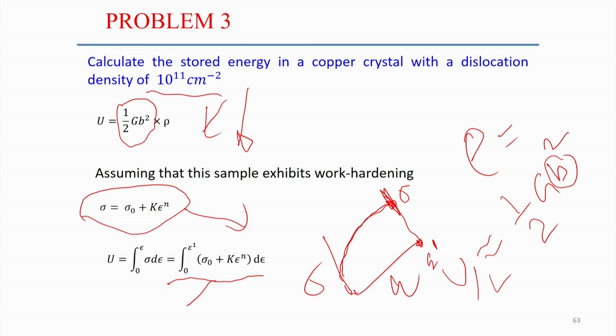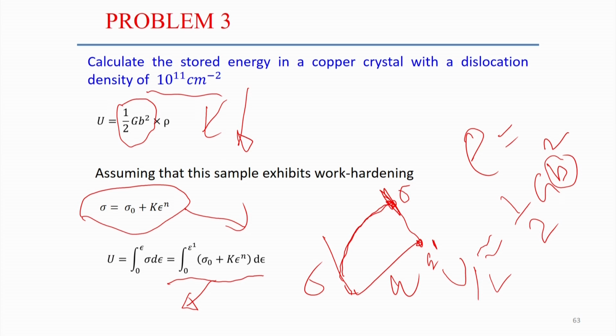So here we can estimate the energy per unit volume from the strain hardening mechanism. If the sample volume is defined, multiplying by the total volume, the total amount of energy associated with this can be estimated.